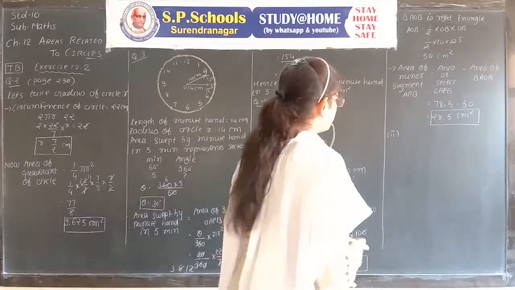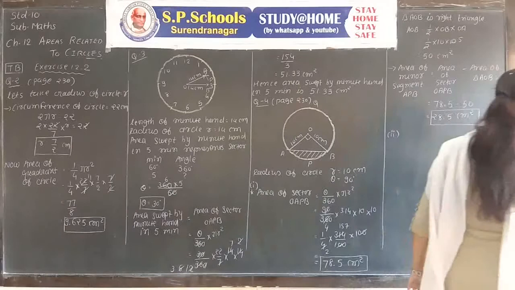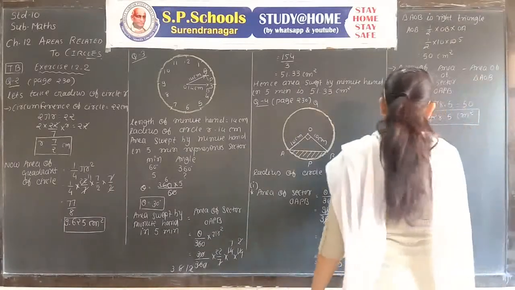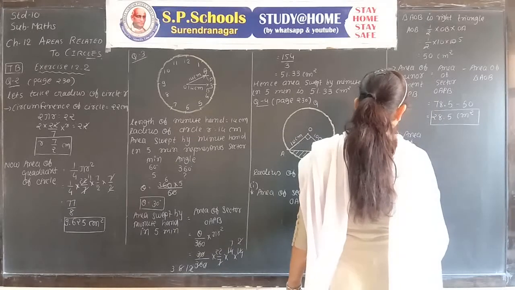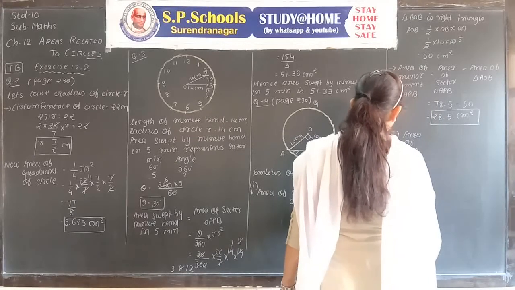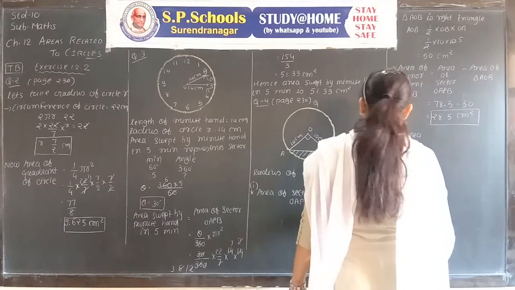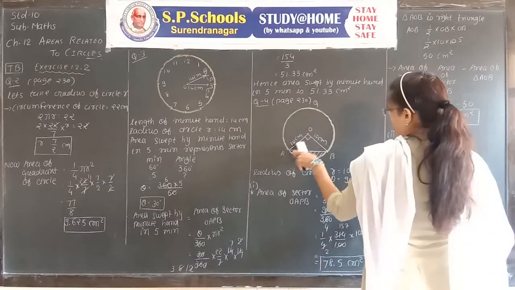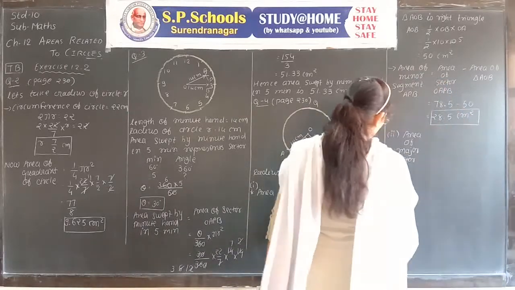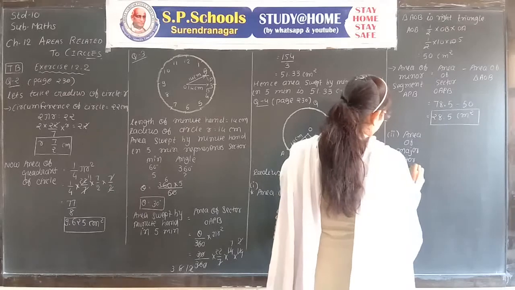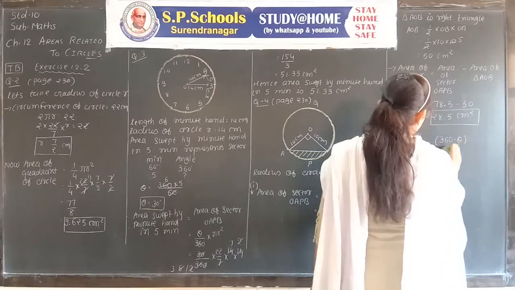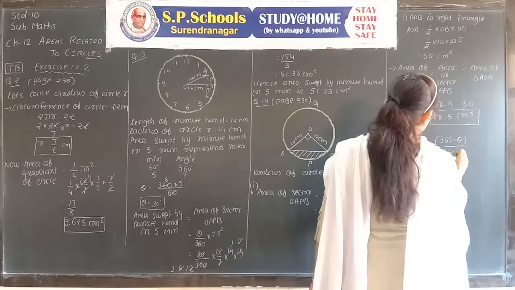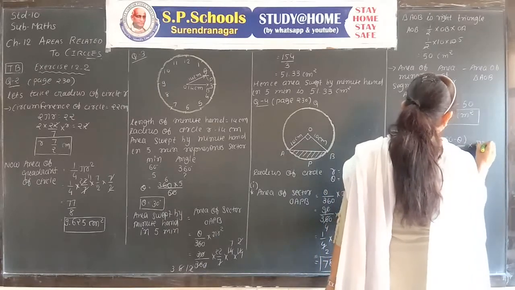Second number is the major sector. Area of the major sector. Here the major sector is OAQB. Area of OAQB is equal to 360 minus theta upon 360 into pi r square.